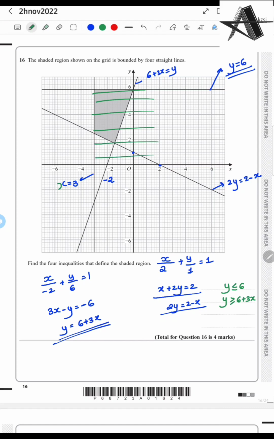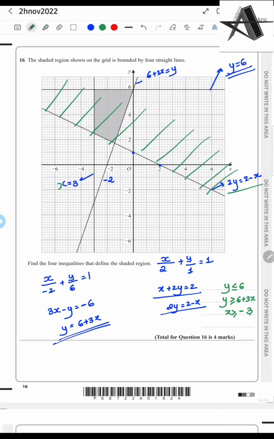Here on the right hand side all the values of x are positive, so obviously I'll write x is greater than or equal to negative 3. For the last one, the equation is 2y equals 2 minus x and the shaded region is above it. That means clearly this is going to be positive. So you can say 2y is greater than or equal to 2 minus x. So these are the 4 inequalities.